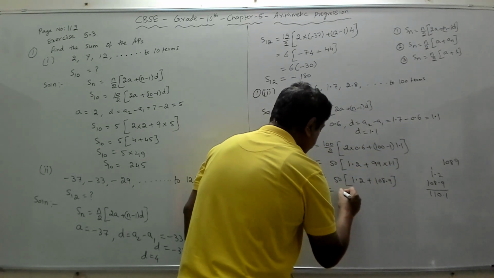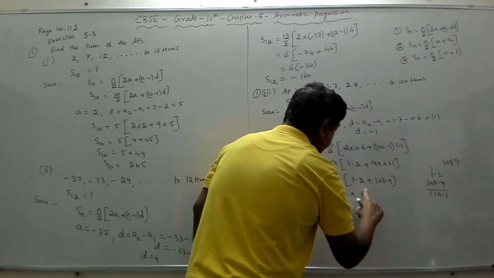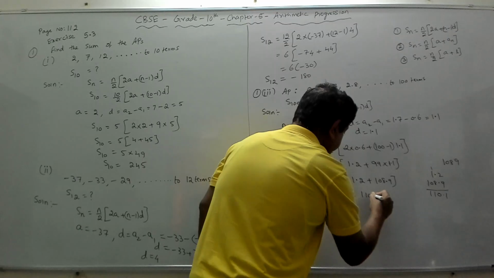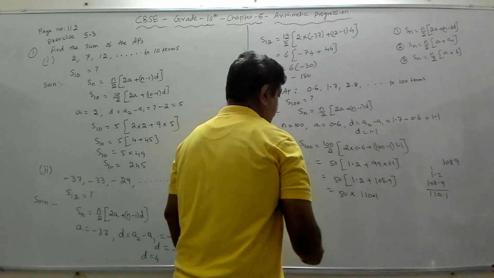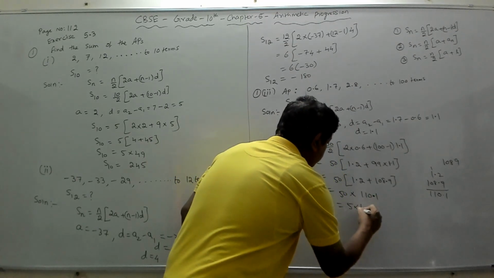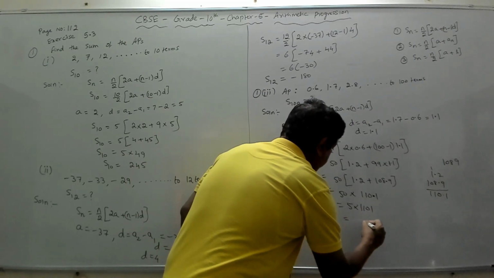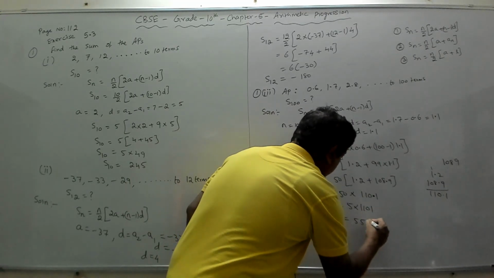So that becomes 50 into 110.1, which is the same as 5 into 1101. That will be equal to 5505.